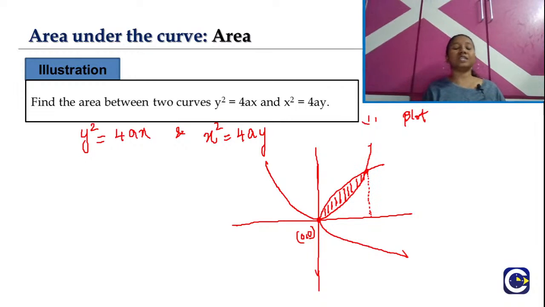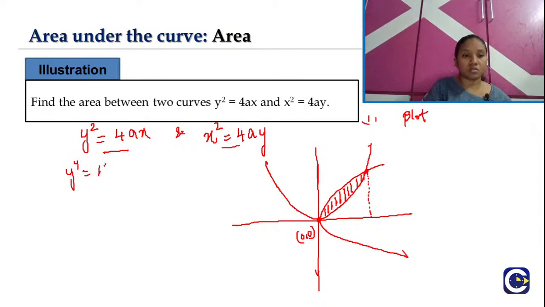So how will we get the intersection point of these two curves? By simply solving them. Here it is given y square equal to 4ax and the other curve is x square equal to 4ay. That means we can substitute this here.